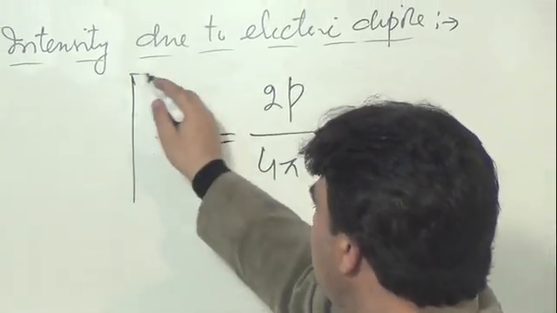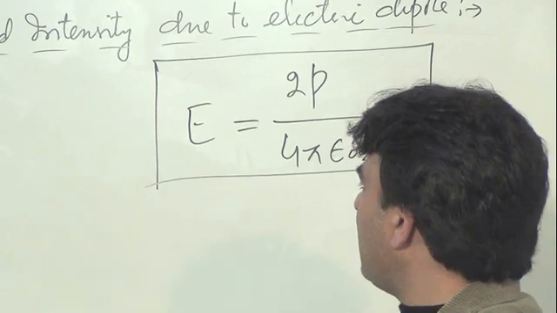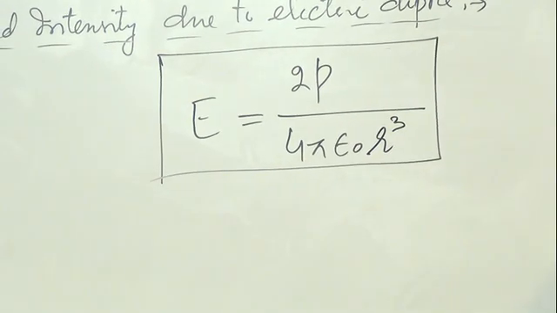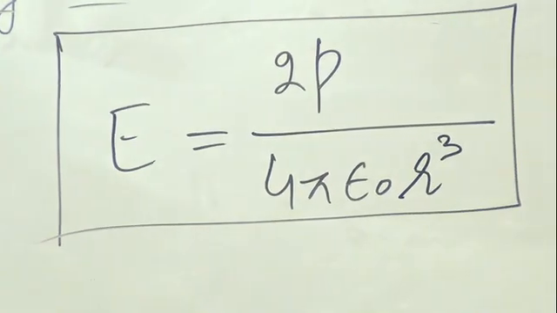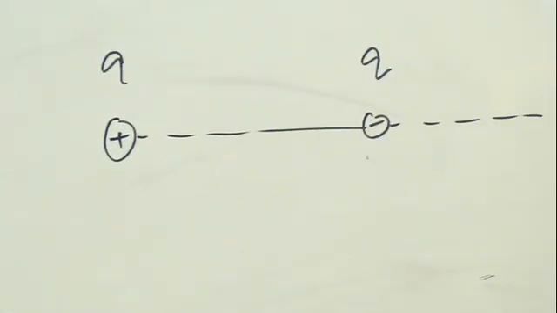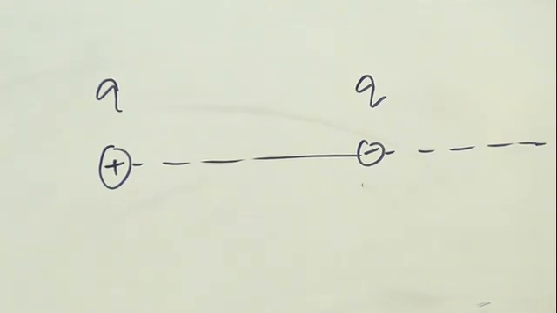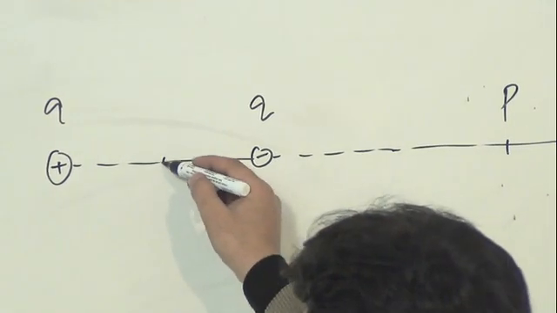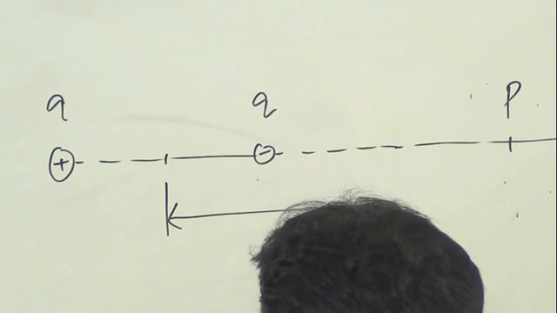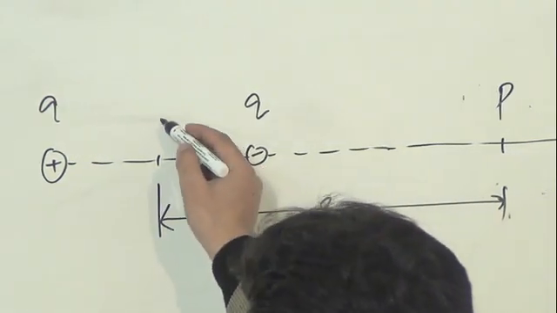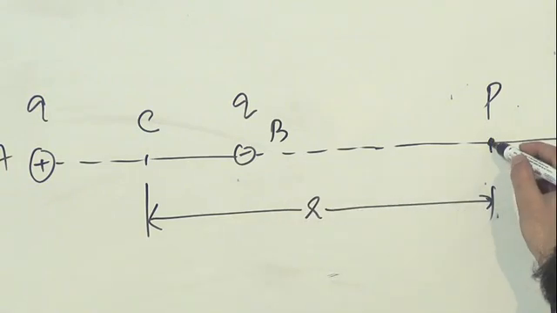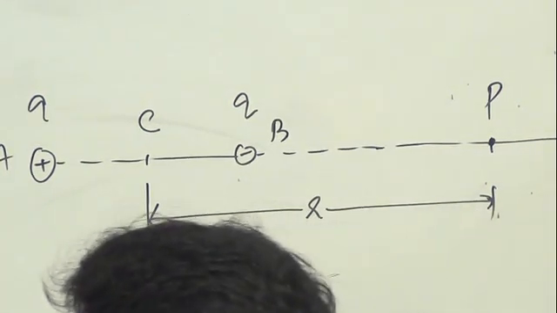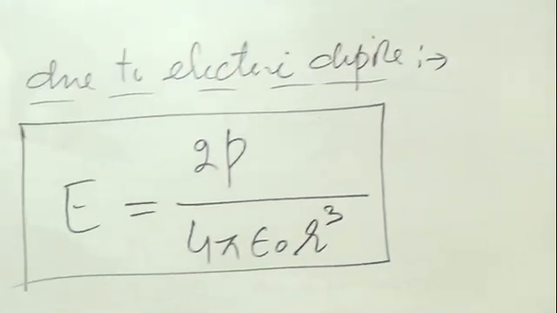So this is the final expression for electric field at point P. That means electric field due to the dipole at any point P on its axial line, distance R from the center of the dipole, is given by 2P by 4 pi epsilon naught R cube.